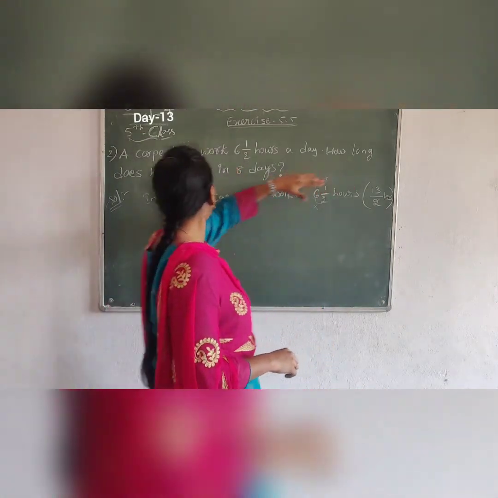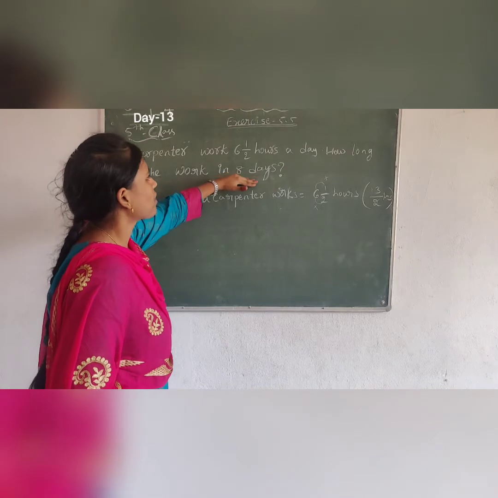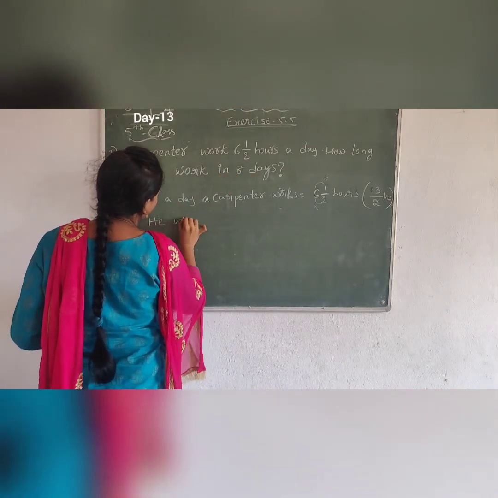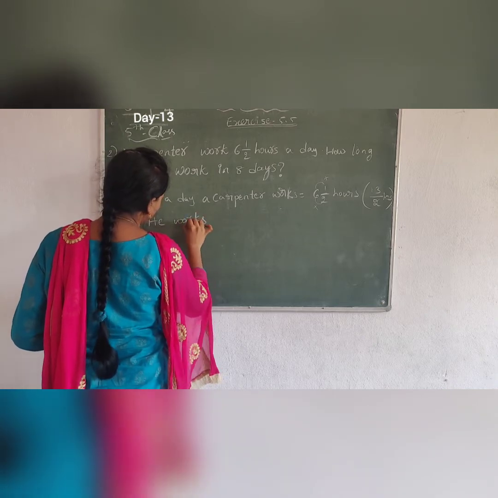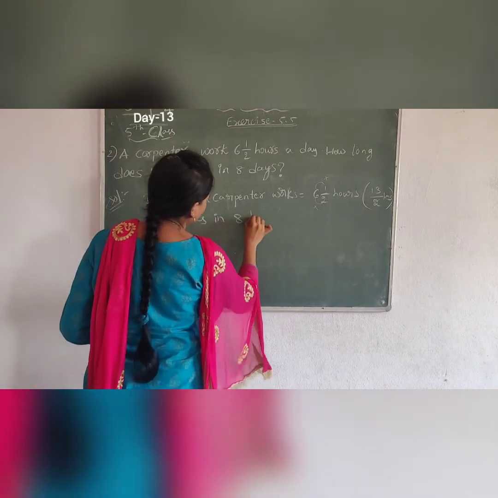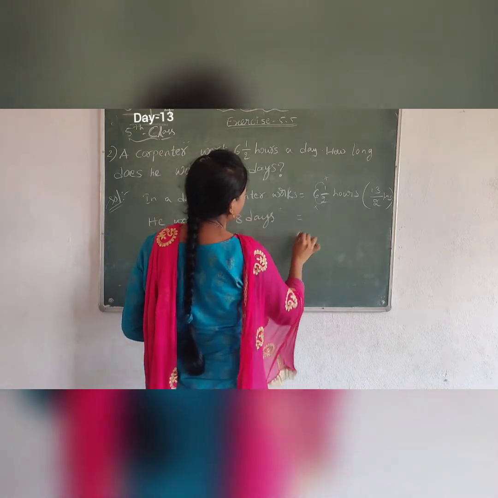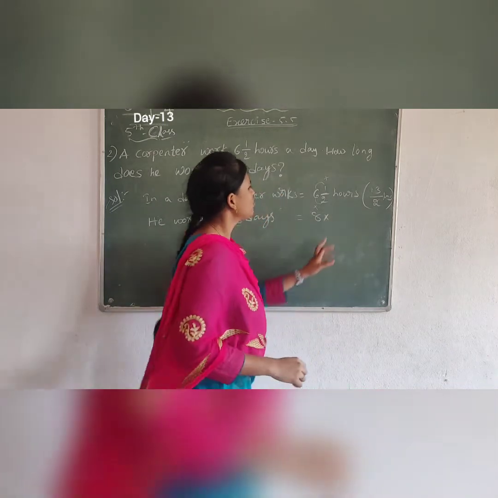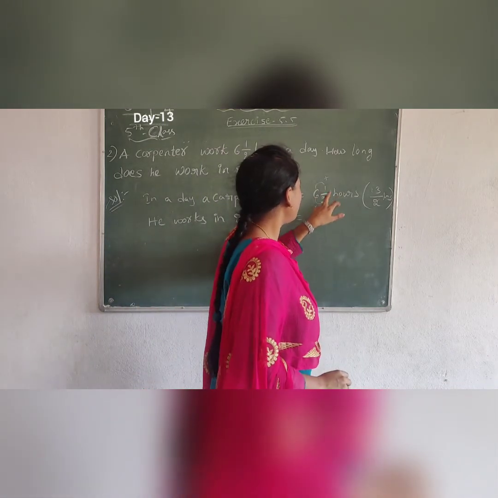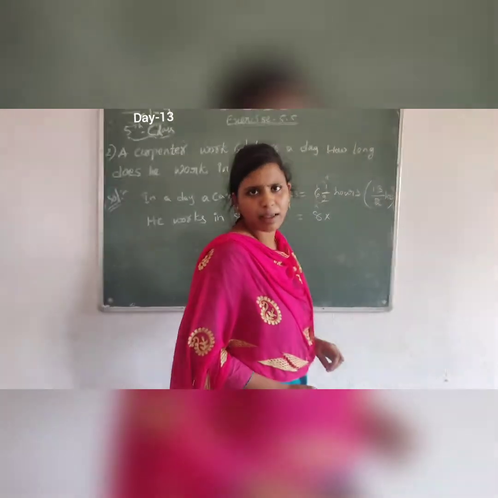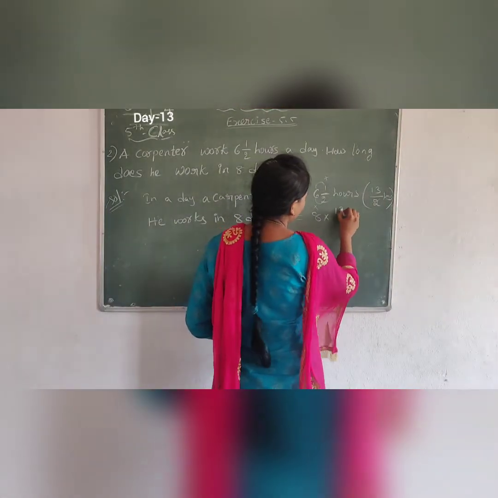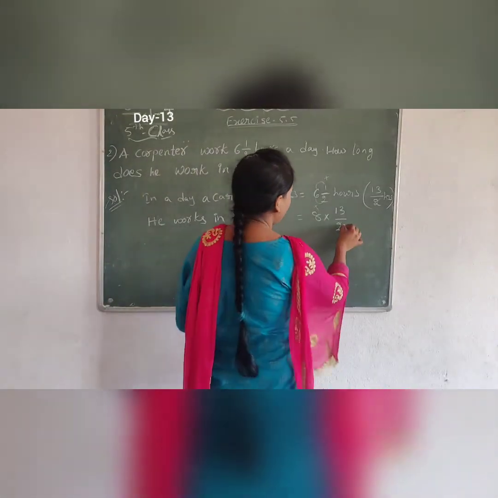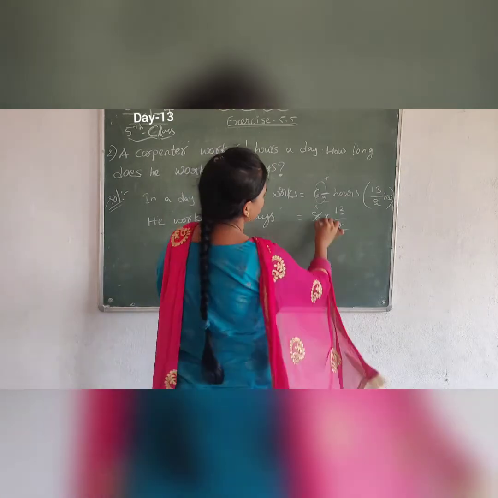How long does he work in 8 days? In 8 days he works 8 into 6 1 by 2, that means 13 by 2 hours per day. So cancel this 2 in 8. 2 fours are 8.